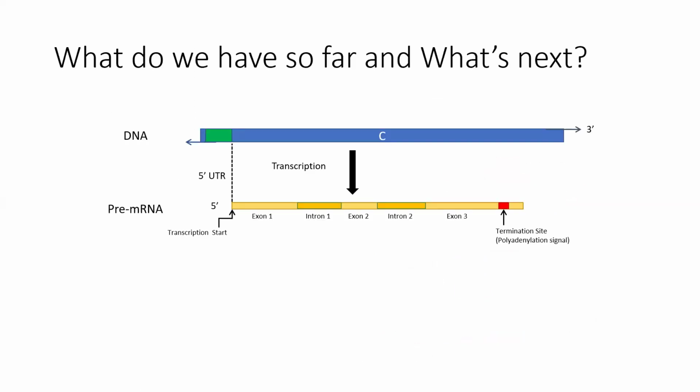So now, what do we have right now? We know that we can replicate DNA, so we can have many copies of it. You can even do this in a test tube through a process called polymerase chain reaction, which is a technique in labs that you can use to make millions and millions of copies of the same DNA region.